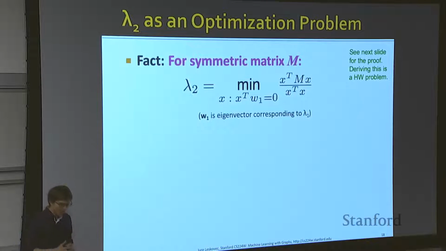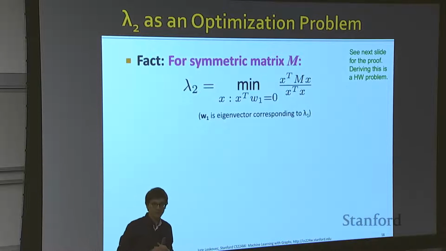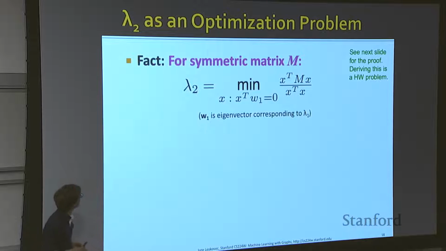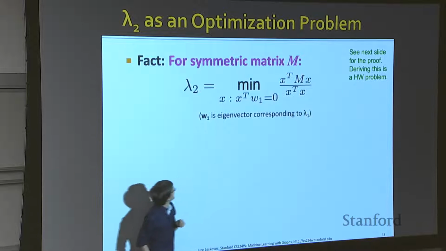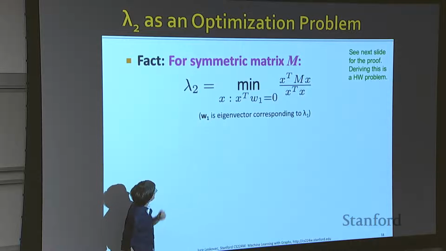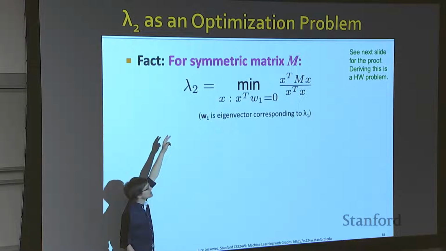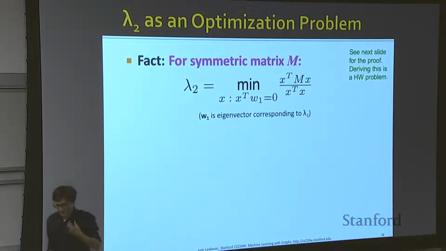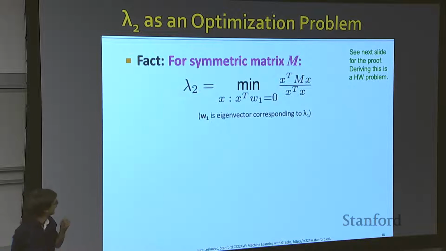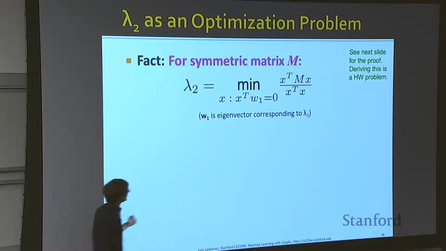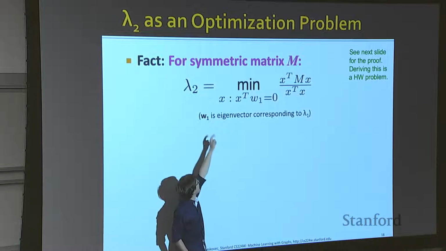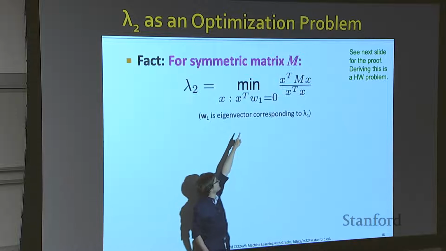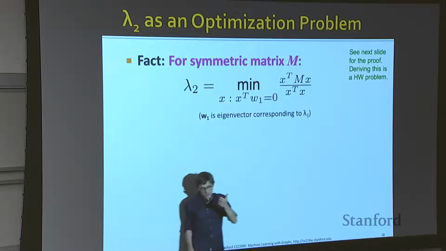Okay? So now I want to show one more important thing, and then we'll start working on the algorithm. This fact is true for any symmetric matrix, and it says the following. For a symmetric matrix M, the second smallest eigenvalue, lambda 2, is a solution to the following optimization problem, where I want to find a vector x that is orthogonal to the first eigenvector.